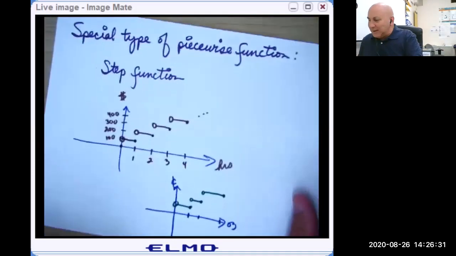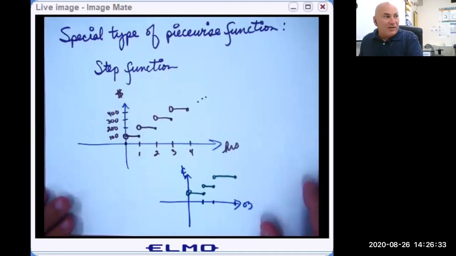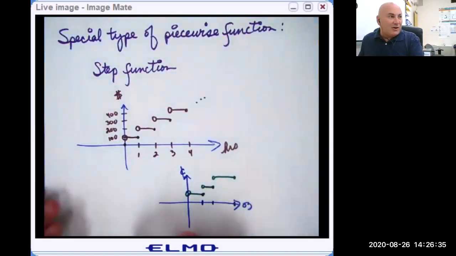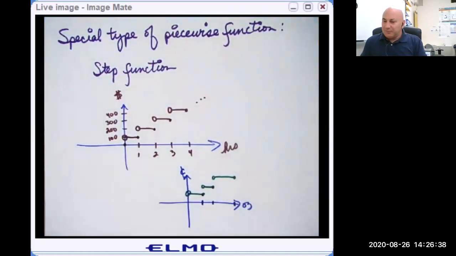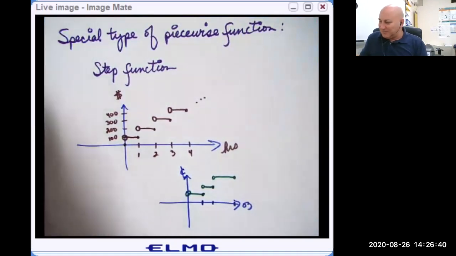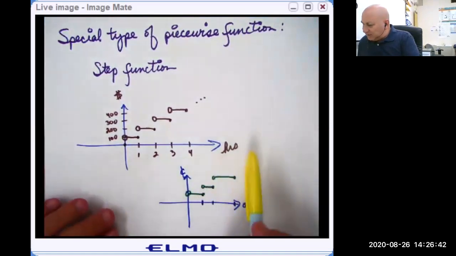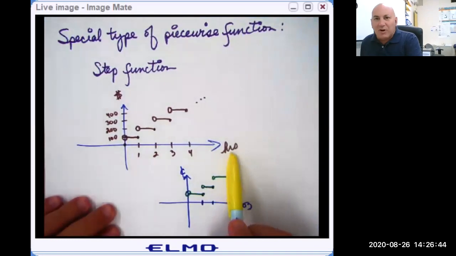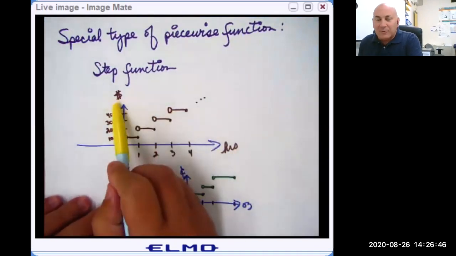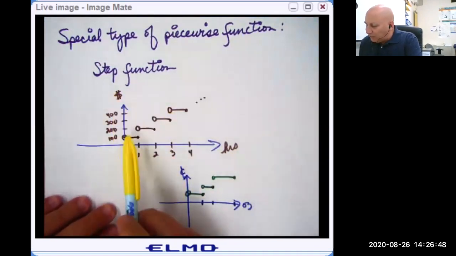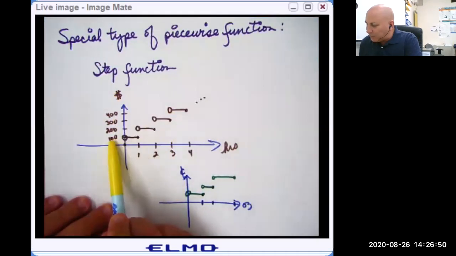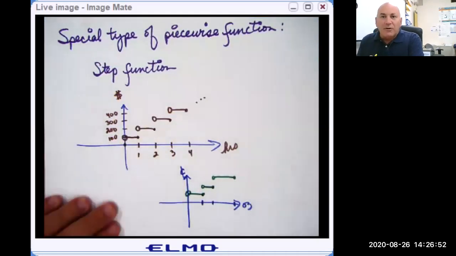There are special types of piecewise function. These two are called step functions. For instance, let's say that this is hours that the garage works on your car, and this is how many dollars they charge. You can see they charge $100 per hour for any hour or fraction thereof.